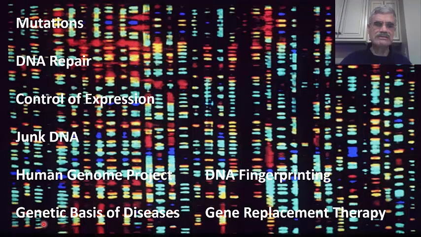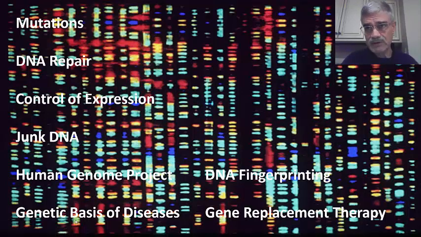Now, another topic is the genetic basis for disease. I said that one of the reasons for wanting to determine the sequence of nucleotides in the entire human genome, all of the human chromosomes, was to try to develop a database that might help us understand the genetic basis for diseases. And in fact, there's a lot of research being done in that area now.